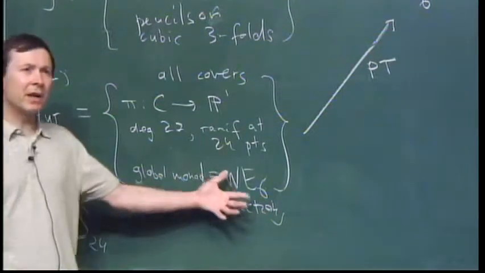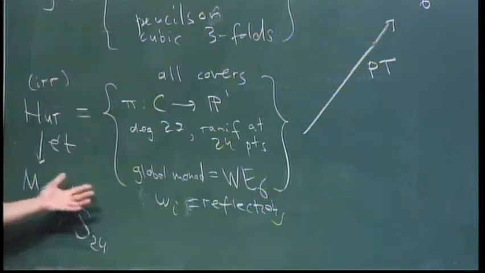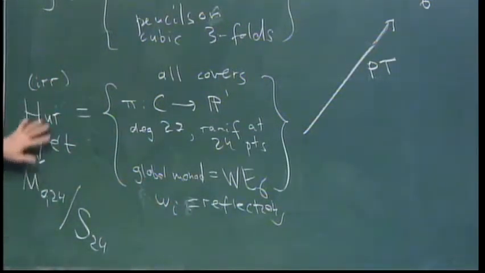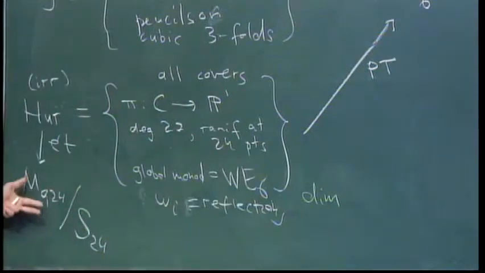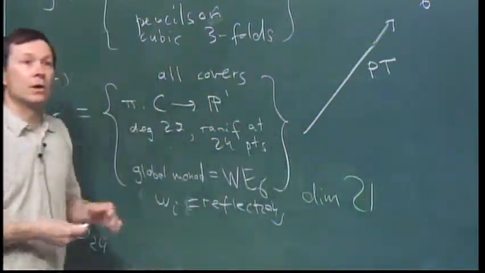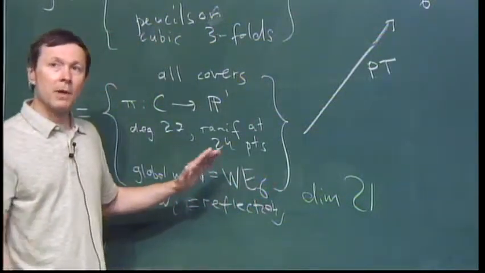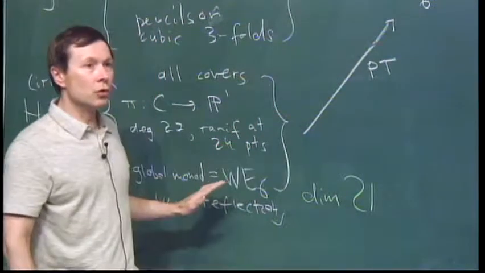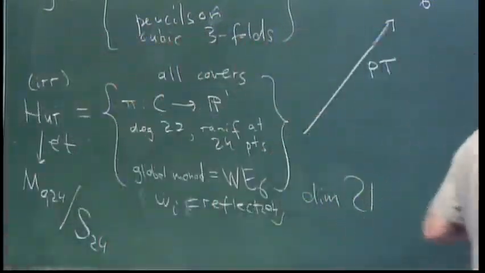You're forgetting some finite data, just forgetting these W_i's. So it's a finite map, and the dimensions are the same. And the dimension of M_{0,24} is 21. So now you have a very suggestive map between two varieties of the same dimension, 21.